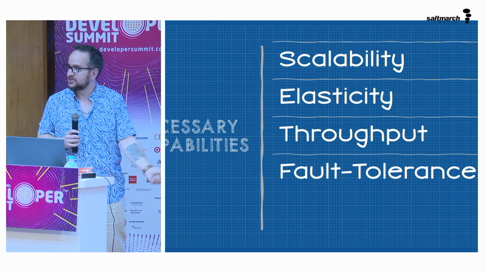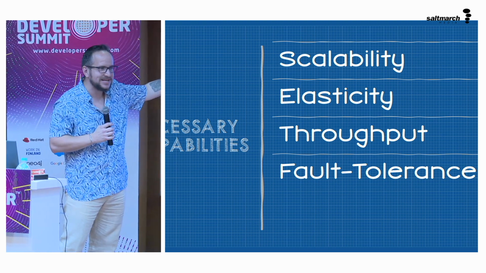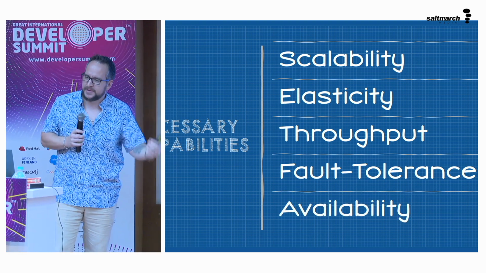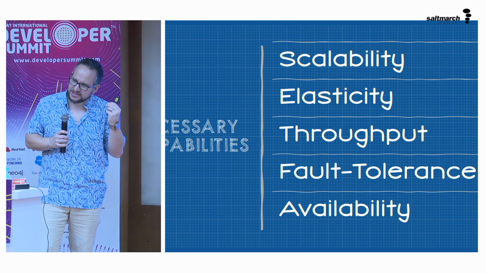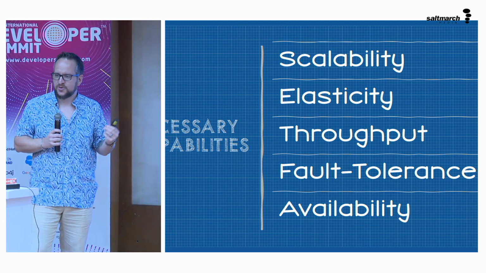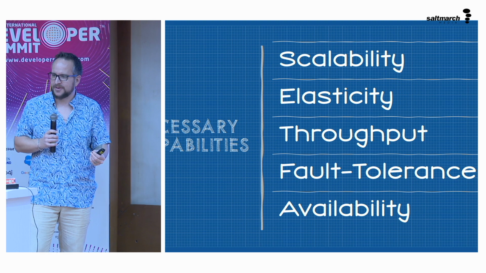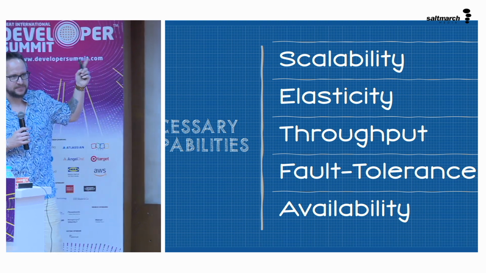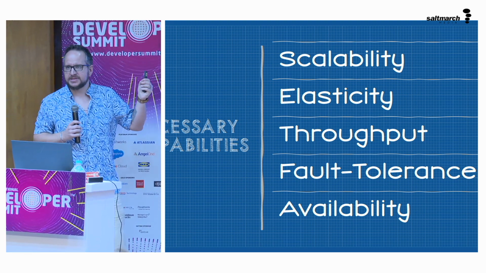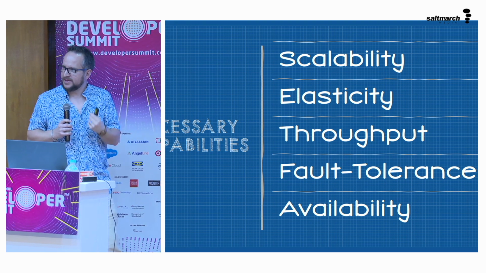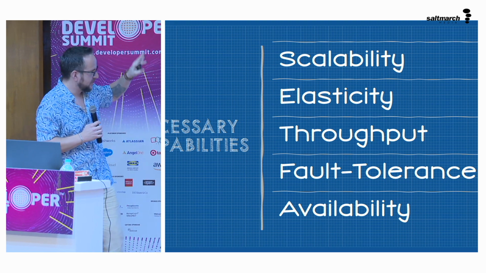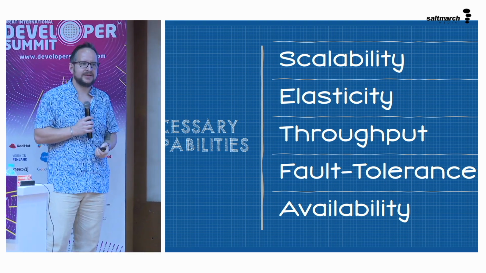We need fault tolerance, so we're not showing people the fail whale 20 times a day. We need availability. And so ultimately, Twitter spent the next couple of years redesigning and rebuilding their platform in a way that provided these capabilities. Twitter famously started in 2006 as a Rails monolith, and now it is what it is today.